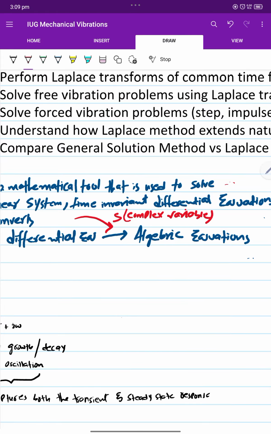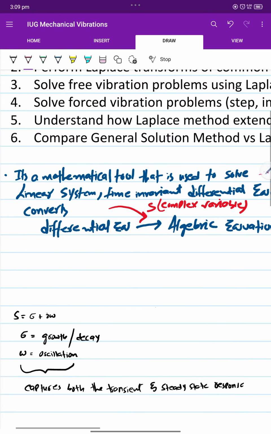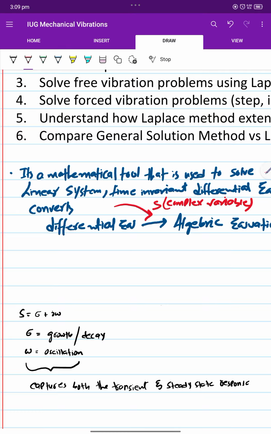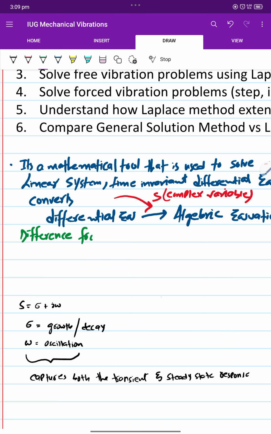What is the difference from the general solution method? The general solution method becomes quite messy when we don't have a simple force.